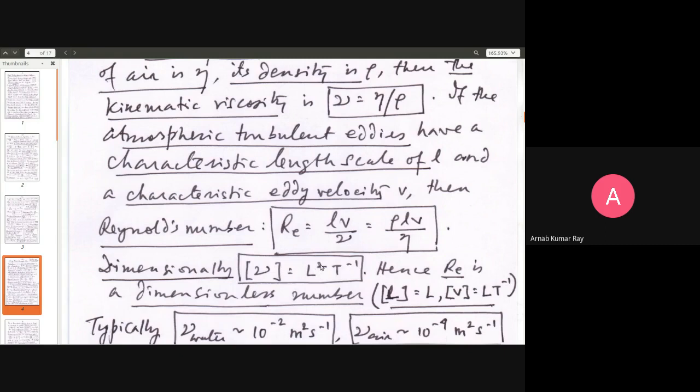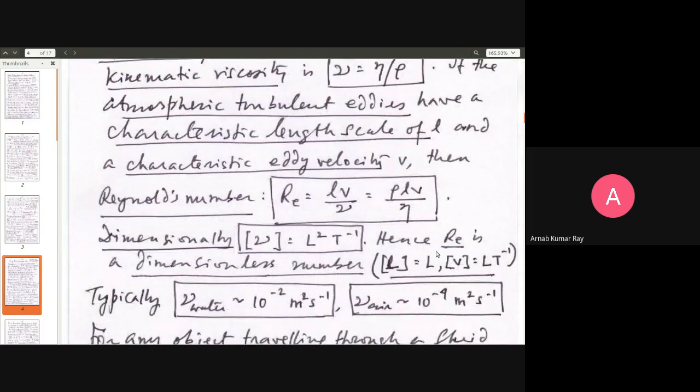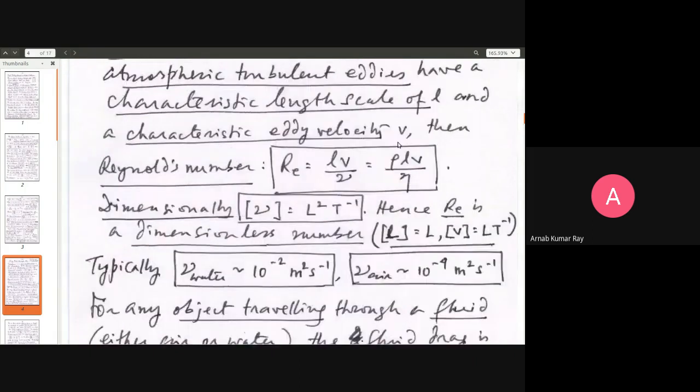So nu dimensionally is like a length times a velocity. And in the numerator also, you have a length times a velocity. So length times a velocity divided by another length times a velocity, meaning the Reynolds number is a dimensionless number.